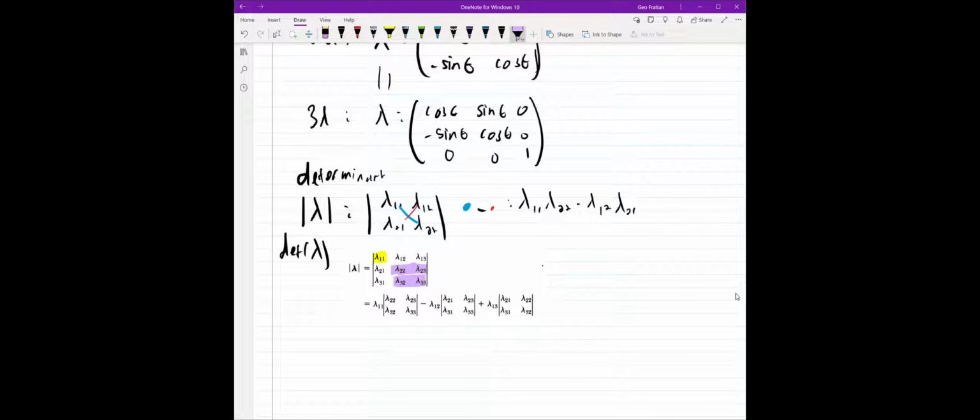So if you have a 4-dimensional one, it's a lot more of a pain. I encourage you to do it once by hand and then just use a calculator. But you just basically need to get the 2 by 2 determinant, and you can just do it. So it's basically lambda 11 times, again, let me do the same way, blue, red, and then it basically goes plus minus plus, like that.